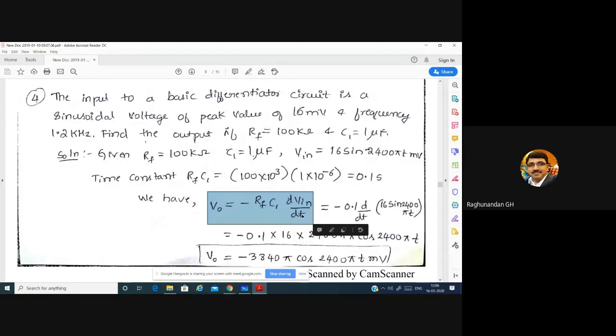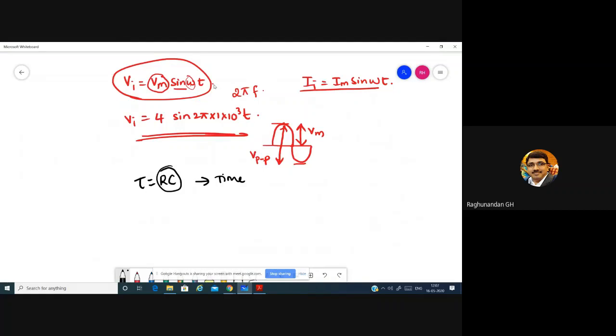Again, you know that differentiation can be applied over a variable. It cannot be applied over a constant. So we have to first construct an instantaneous signal. For the instantaneous signal, as I have already discussed, this is the formula.